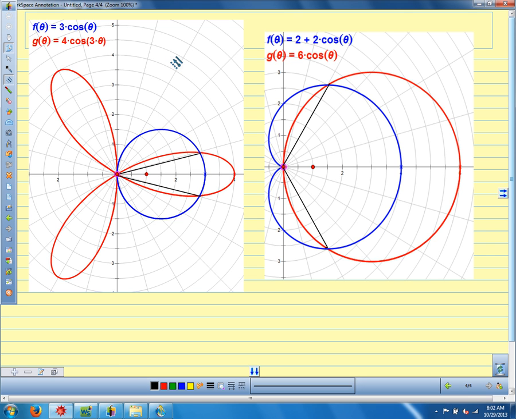The other thing that can come up when we're finding intersections of polar regions is that solving simultaneous equations may not necessarily give us all of our points of intersection. So let's talk about that really quickly.